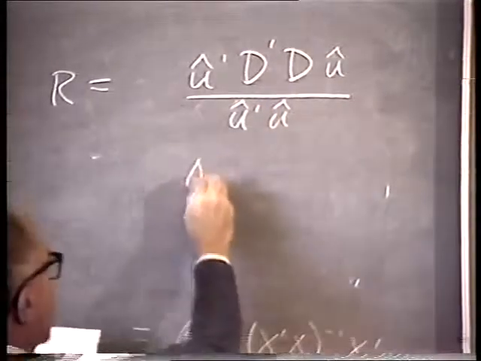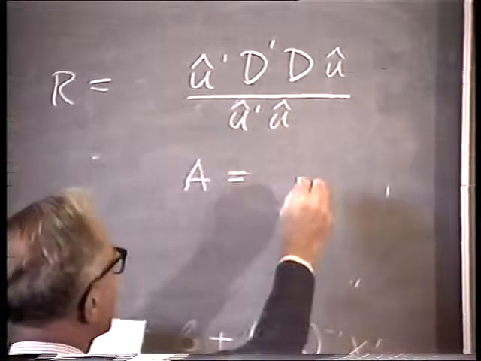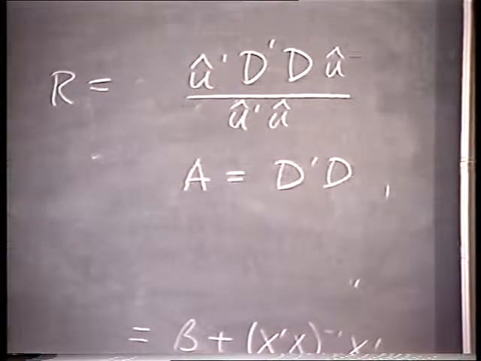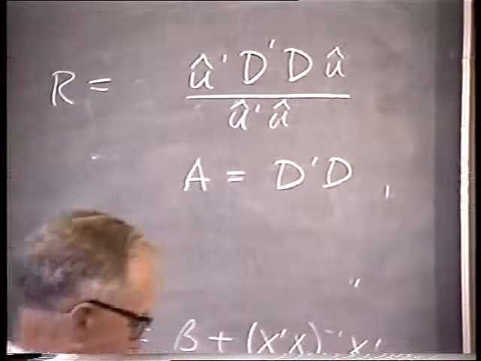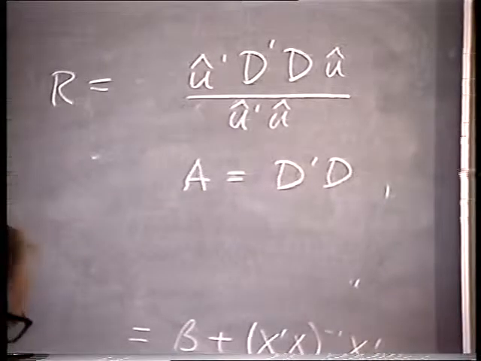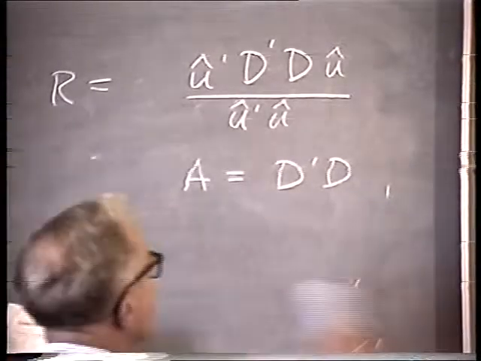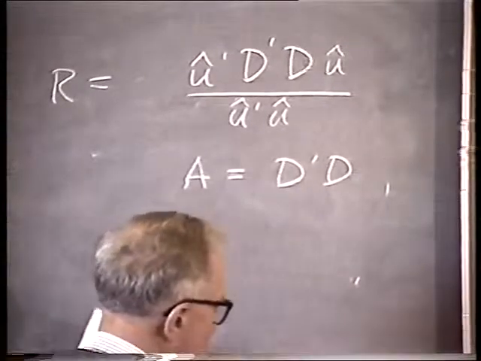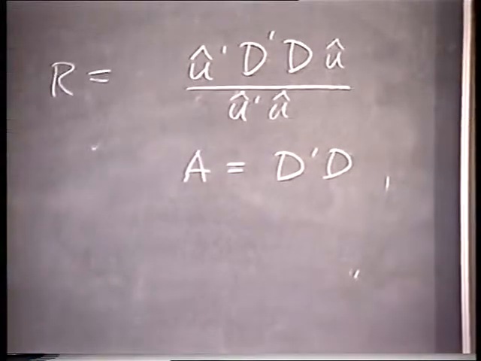It's usual to take in the Durbin-Watson notation the D'D matrix to be the matrix A, and of course I think you're all familiar with the elements of the matrix A, the T minus 1 rank non-negative definite matrix.